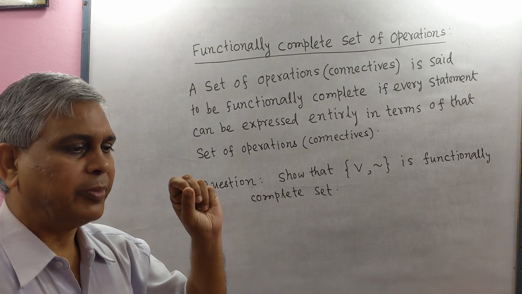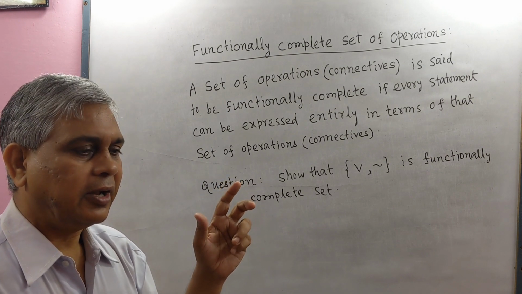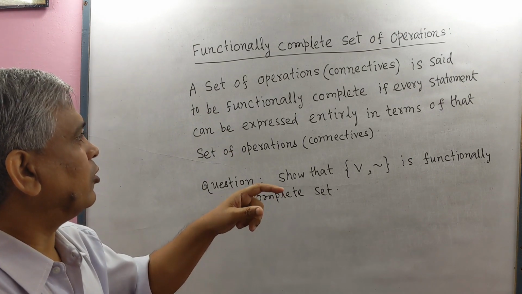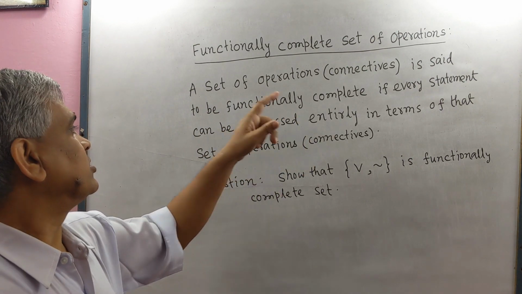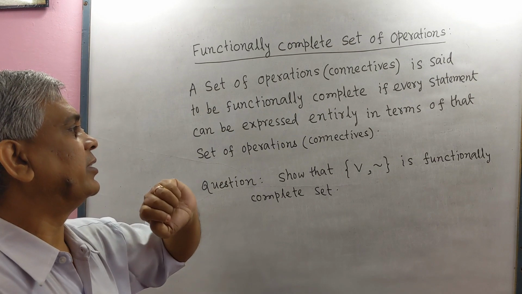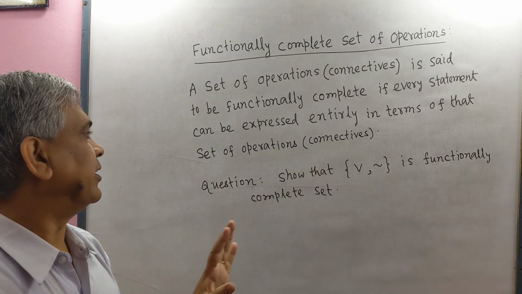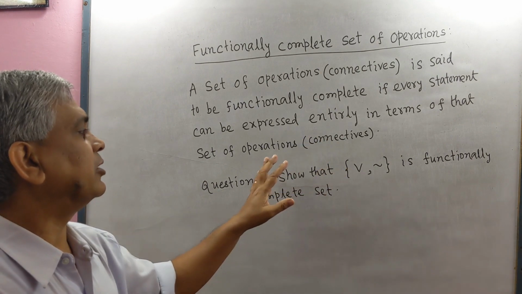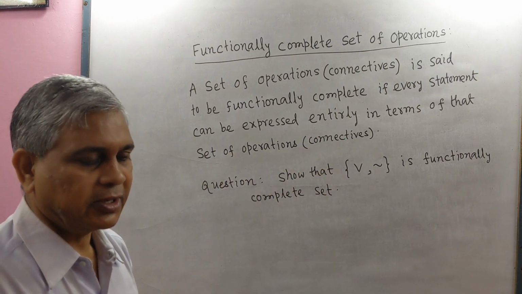connectives make a set, and that set of operations is said to be functionally complete if every statement can be expressed entirely in terms of that set of operations or connectives.